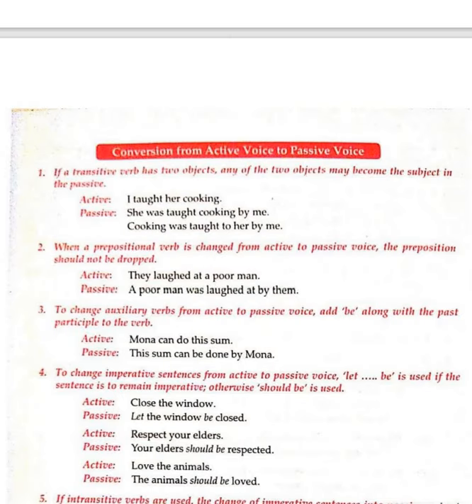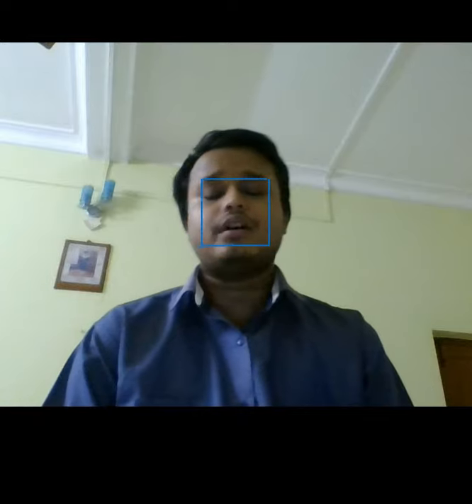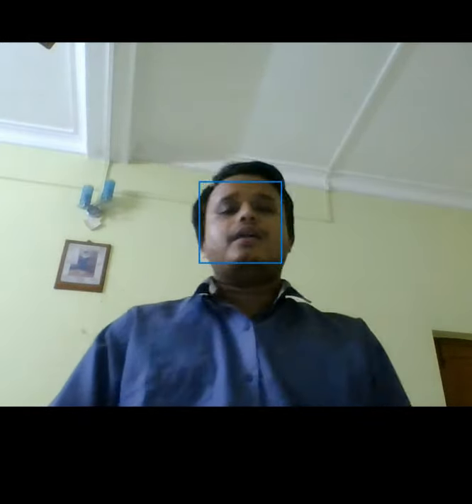So first one is, if there are two objects. As you know, we can change a sentence from active to passive when there will be a transitive verb.